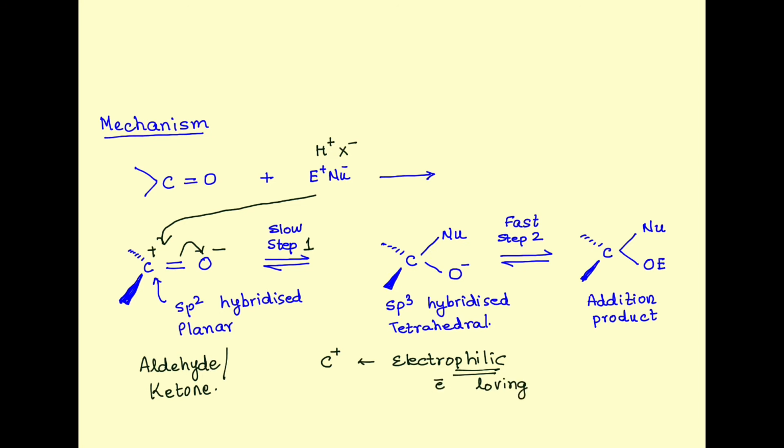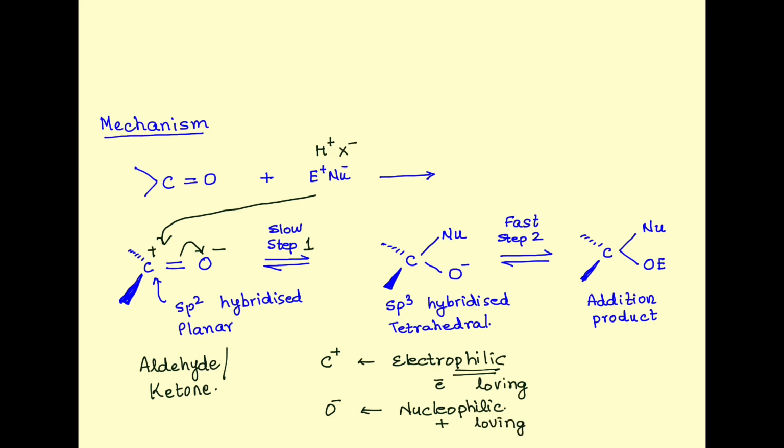On the other hand, the O negative is carrying a negative charge. That means it has an affinity for positive center. That means it is nucleophilic, nucleus loving. And what charge does the nucleus have? It has a positive charge. That means it's positive loving.